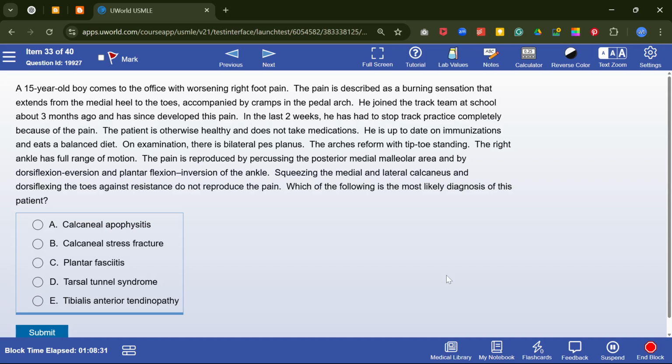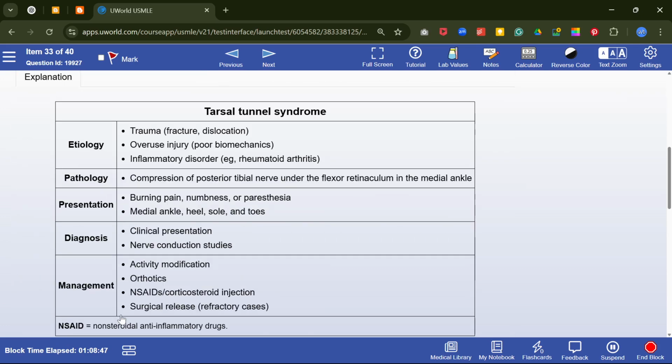Okay, then it is calcaneal apophysitis. Okay, I got it wrong.